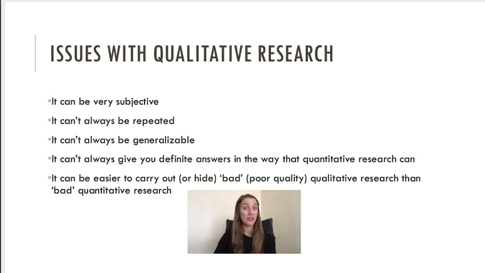And this is a big one, right? Because a lot of this is left up to interpretation, and sometimes a researcher might interpret things in such a way that it supports their hypothesis, that they create data that's maybe not really reflective of the qualities that were assessed.